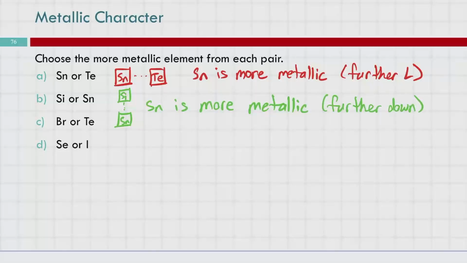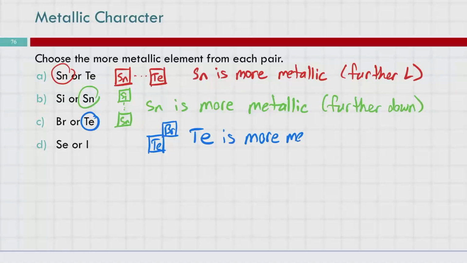And then we've got Br or Te. Br and Te. What do we think? Te is more metallic. It wins on both trends. Further down low.